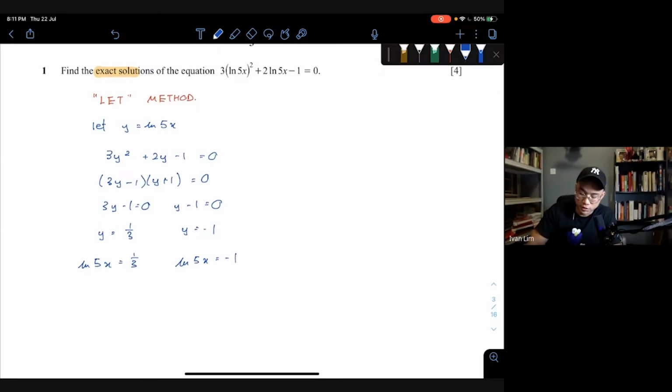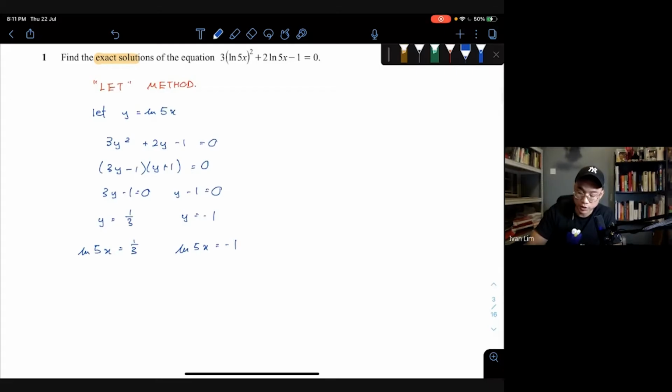Okay, let's find what x is. So I can change ln to indices form: 5x equals e to the power of 1 over 3, and 5x equals e to the power of negative 1. I'll end up with x equals 1 over 5 e to the power of 1 over 3, and x equals 1 over 5e.